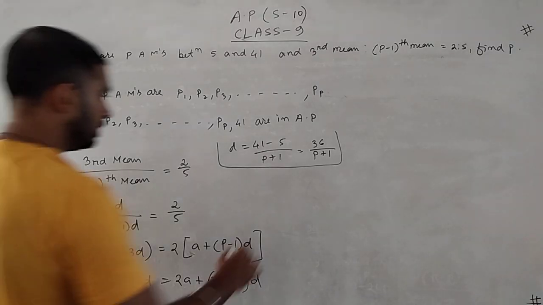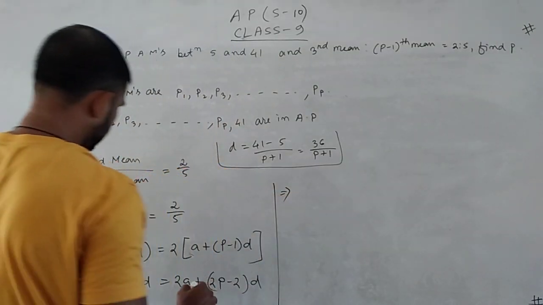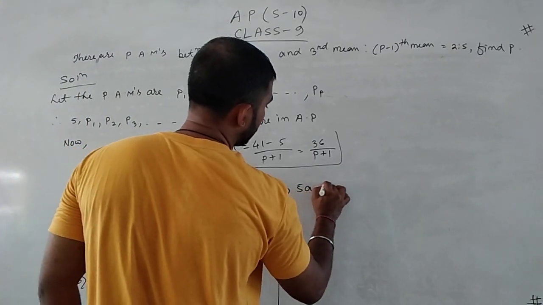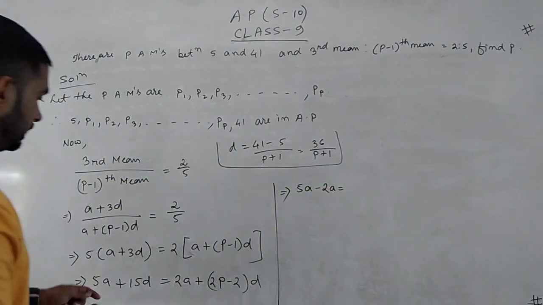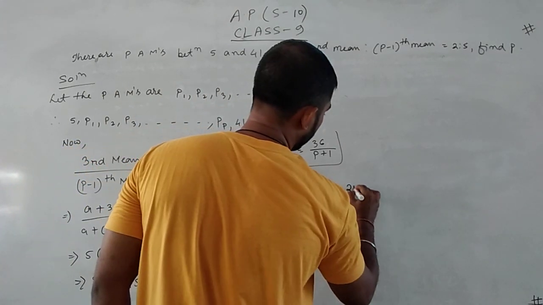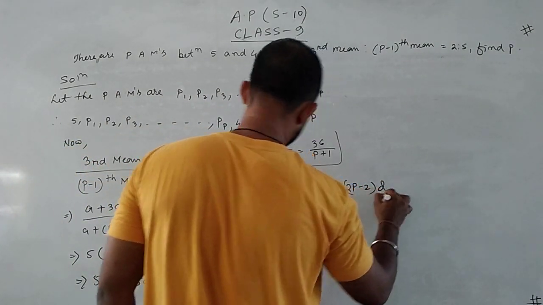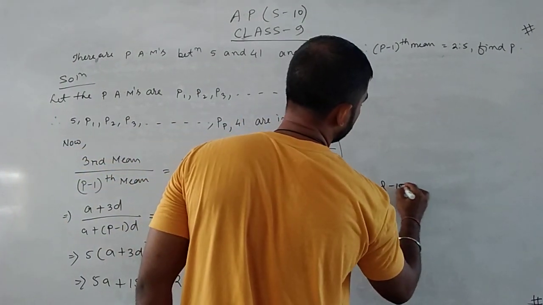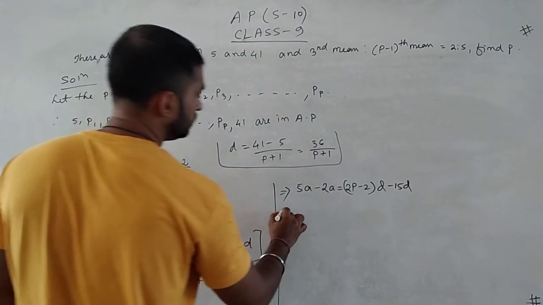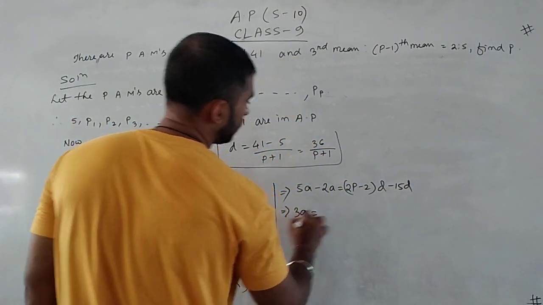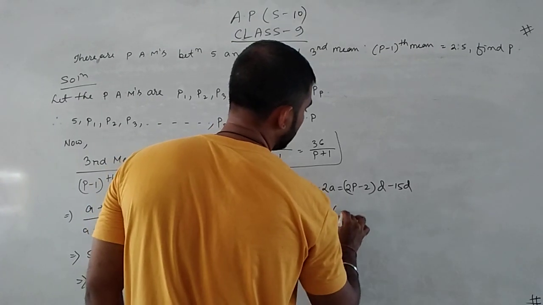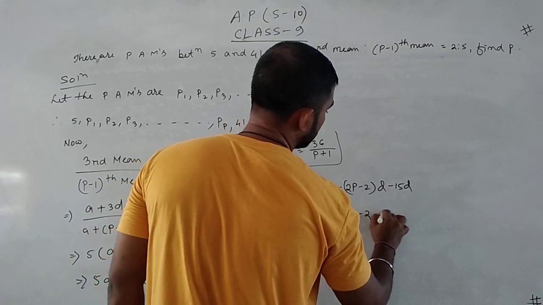Okay. Next, 5a minus 2a equals 2(P minus 1)d minus 15d. That is 3a equals d common, (2P minus 2 minus 15).